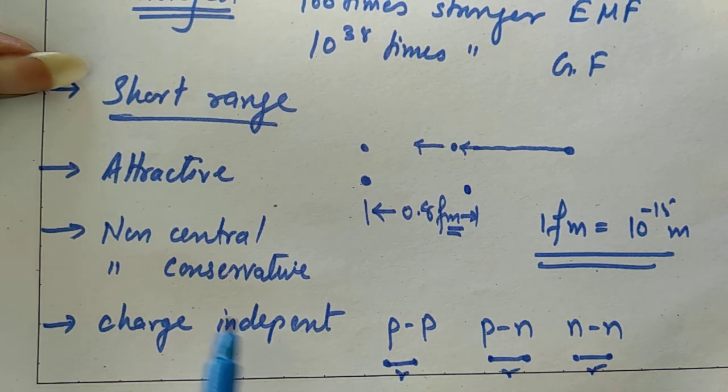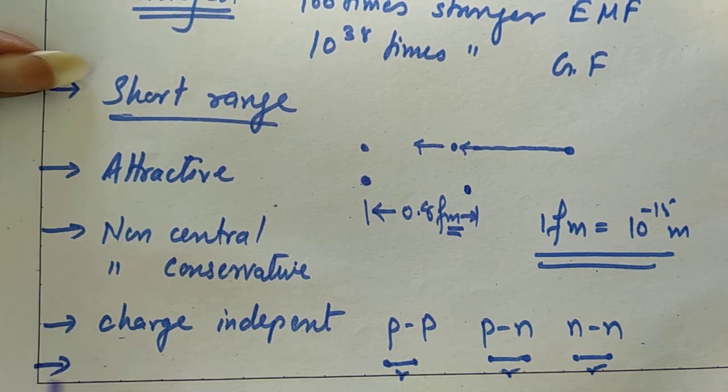So I can say that it is charge independent. Two particles are positively charged, one particle is positively charged and the neutron is neutral, and the two neutrons are neutral. So this force does not depend on the charge of the particles. It only depends on the distance between them. If I keep the distance between all these pairs the same, then the magnitude of the strong nuclear force also remains the same.